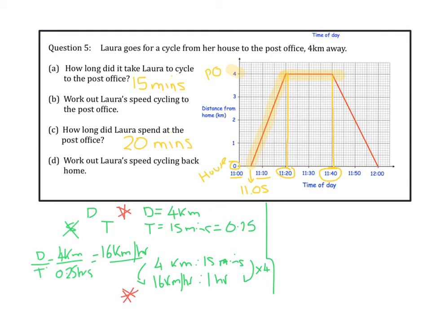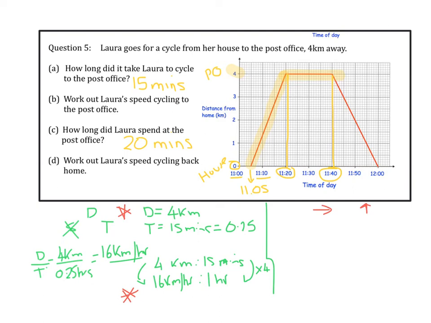If I use gradient, we're always looking at across and up. So here, and the one thing I do want you to notice, it's going down because it's going back towards home. It's not going further away from home, it's going back towards home. But that's not going to affect the speed, even though we would normally put negative at the end. I'm just going to change it back to positive speed.